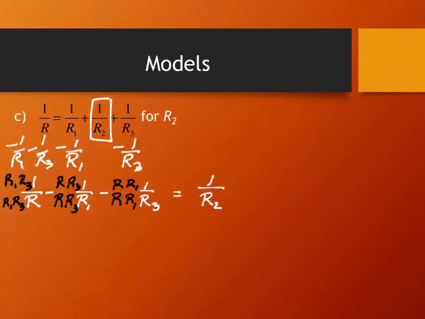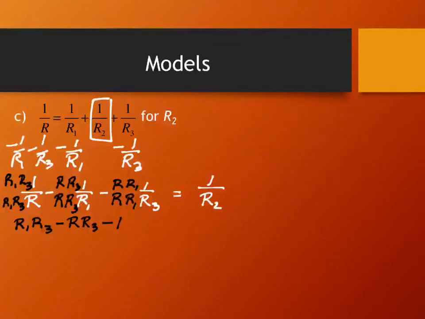All the pieces that are not currently a part of the denominator in each individual case have to be multiplied by the denominator. So my denominator will end up being R1, R3, and R, right? R1, R3, and R. So in the numerator now, I have R1, R3, and then there's the subtraction sign that occurs between the first two fractions. The second numerator is R, R3, and then there's another subtraction sign.